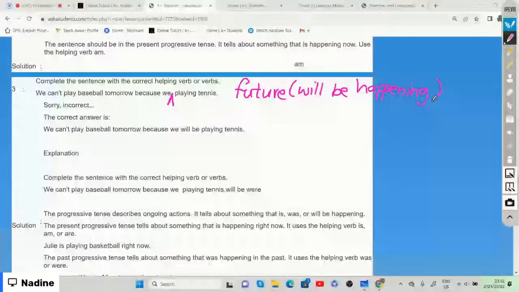It will be happening. So now, if we look at our sentence, we can't play baseball tomorrow because we playing tennis. What is the helping verb that we need to put in that space in order to complete the sentence that shows that this is the future progressive tense?